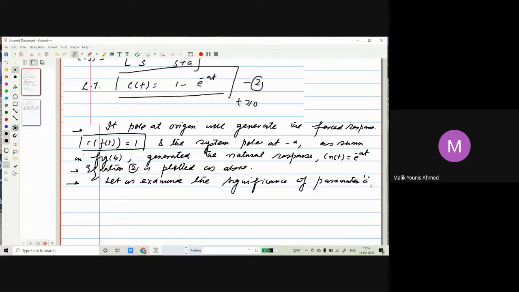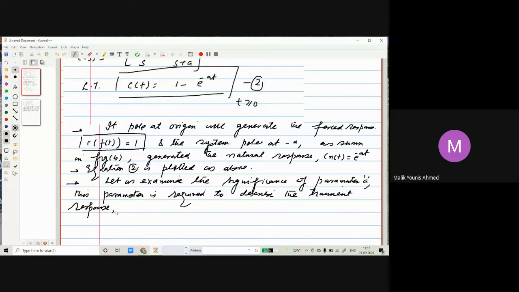Let us interpret what is happening with this parameter a. It is the only parameter that will be required to describe or analyze the transient response.